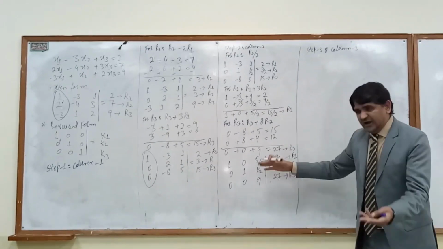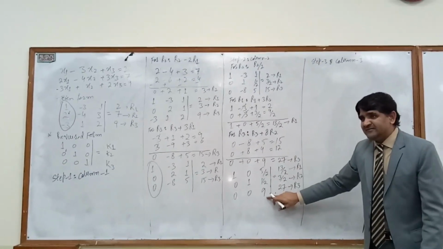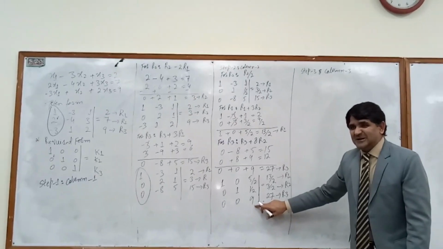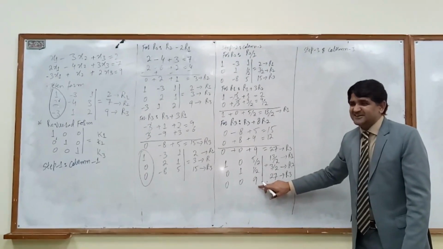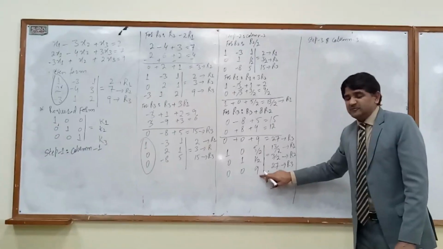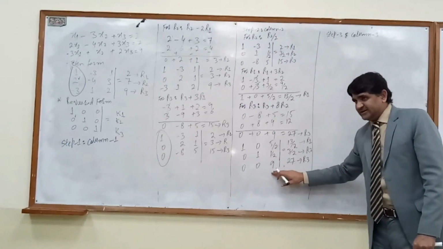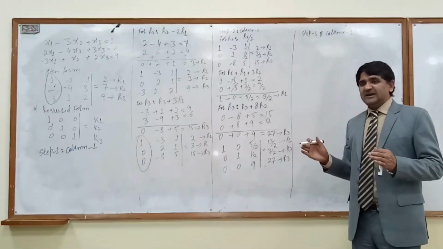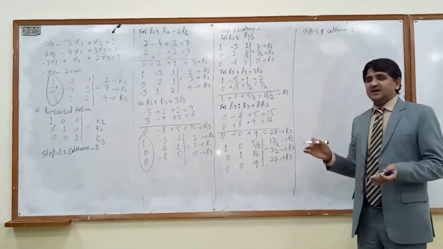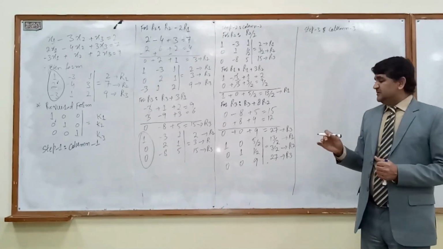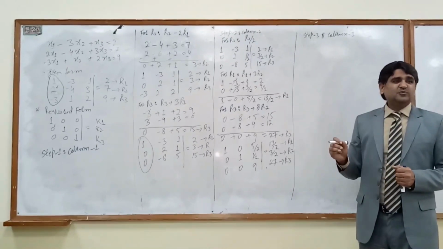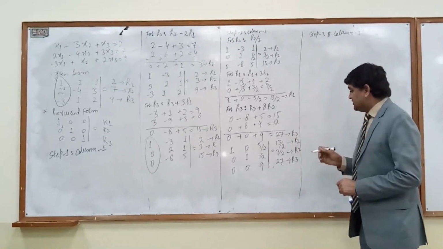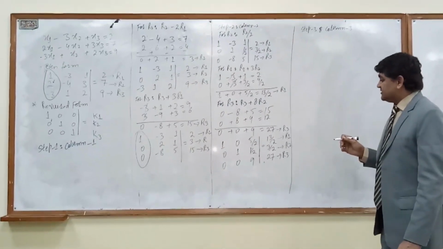If, I suppose, the value is 2 by 11, then we multiply R3 with 11 by 2, because we require 1 here. If we require 0, then we go for elimination. And how can we eliminate? By adding or subtracting, after getting the coefficients of two equations the same, then we can eliminate one of the components.